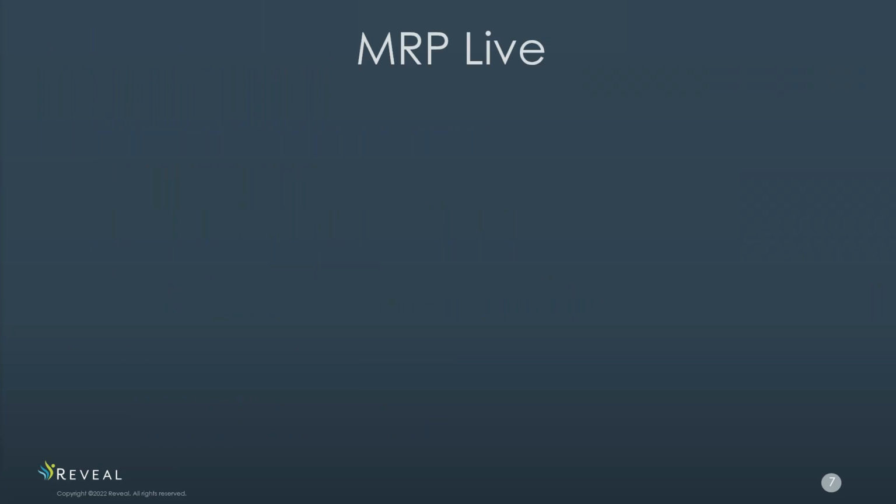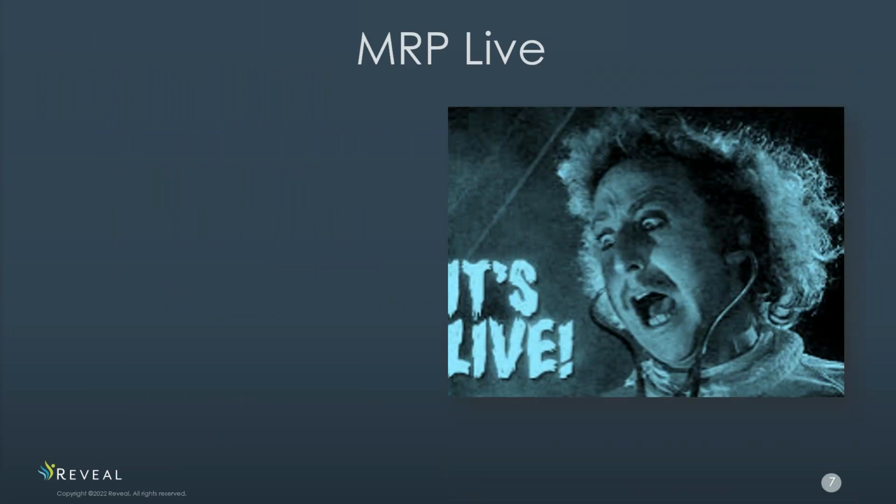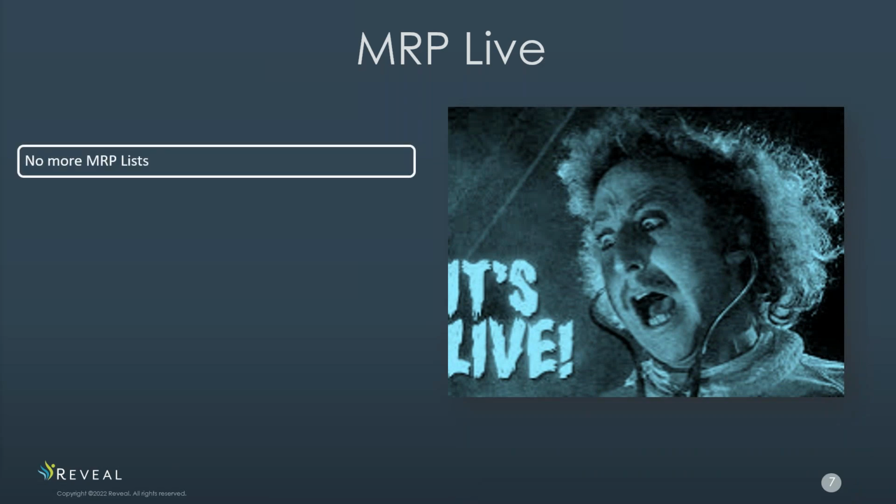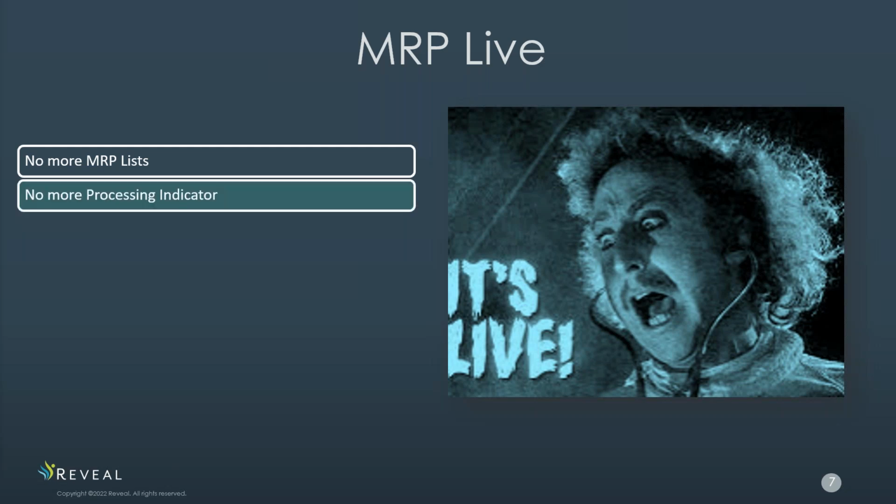Okay. The next thing, of course, to talk about is MRP Live. It's alive. So a couple of things here. First of all, bad news. No more MRP list yet. No more processing indicator to know that we've addressed that issue of the day. And now we're going to get into the good stuff.